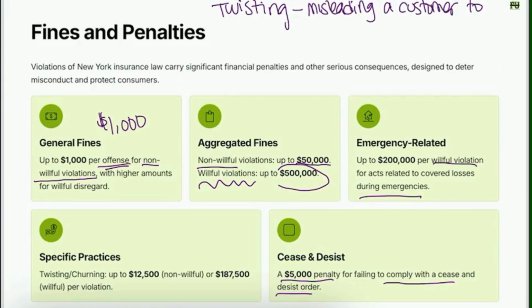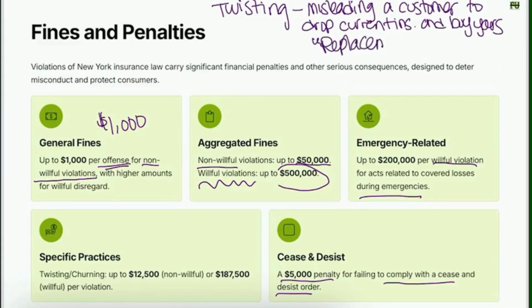So you absolutely can sign up people that have insurance policies with other companies. People do it all the time. They switch insurance companies. I actually have it on my to-do list today to call around for some quotes to switch my insurance. But if you were to mislead or misrepresent and twist their arm, is how I used to try to remember it when I was taking the exam, to drop their current insurance and buy yours when you're actually not putting them in a better position, not putting them in a better place, that is considered twisting, and it is an unfair trade practice.